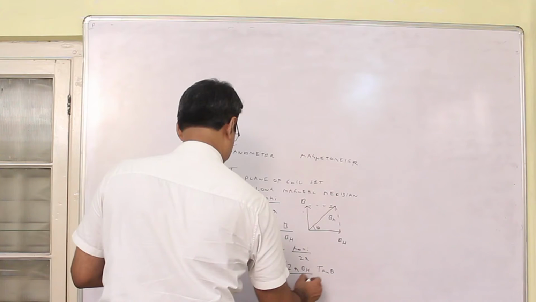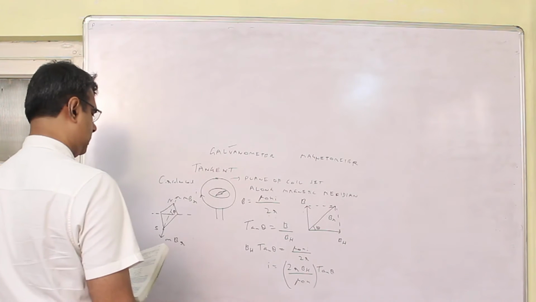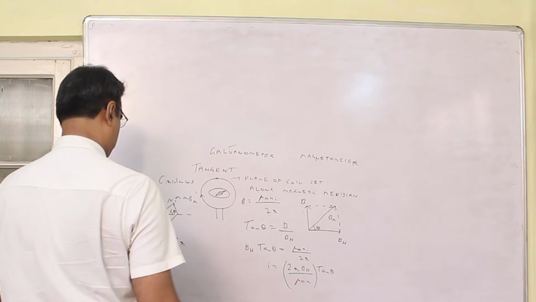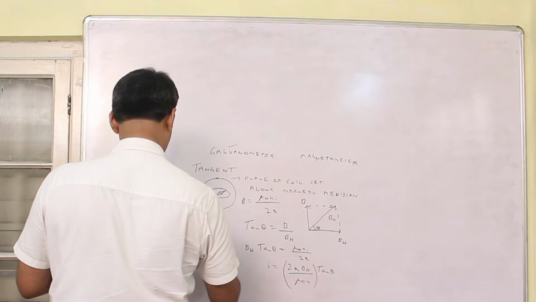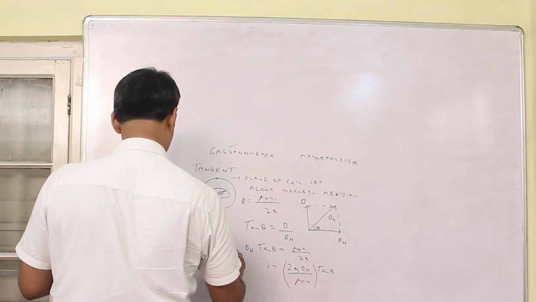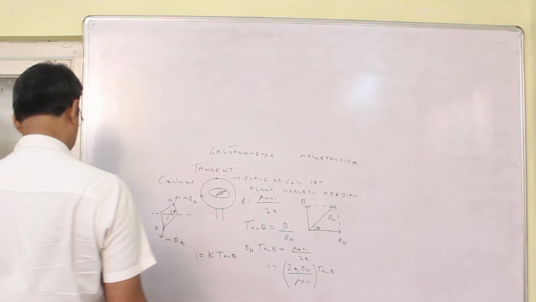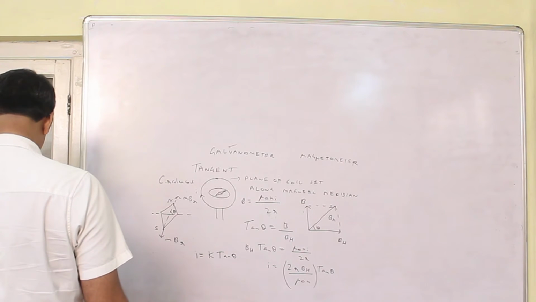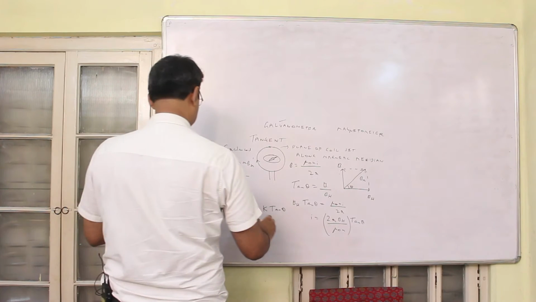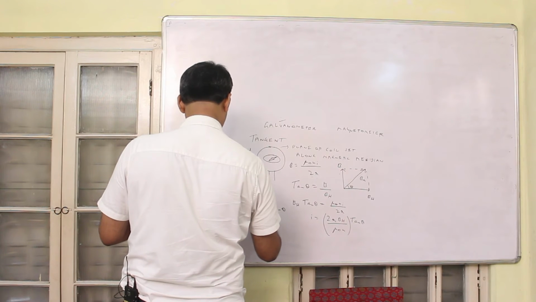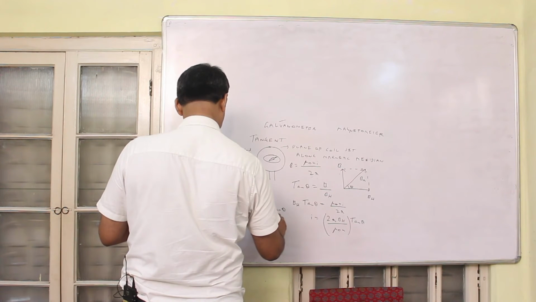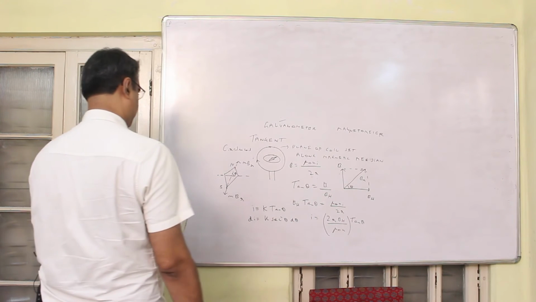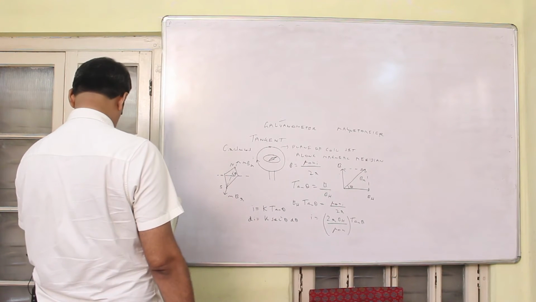As you can see, all the terms inside this bracket, 2 into R into BH by mu naught N, are constant, and you can write all of them together as K. So I will be equal to K tan theta. If I is equal to K tan theta, then dI will be K sec square theta d theta.